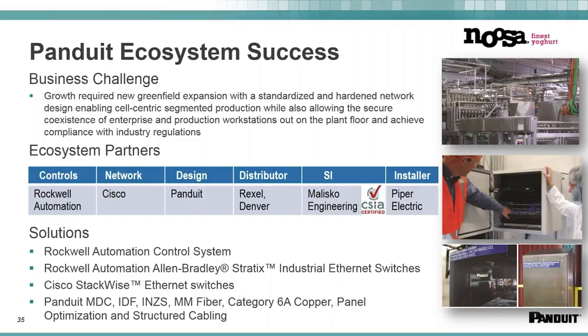This does deal with food products, so they have regulatory issues they need to comply with. They were also going through a great deal of expansion and knew they had to address future capability. So bringing together this ecosystem, we were able to deliver a solution to Noosa Yogurt.